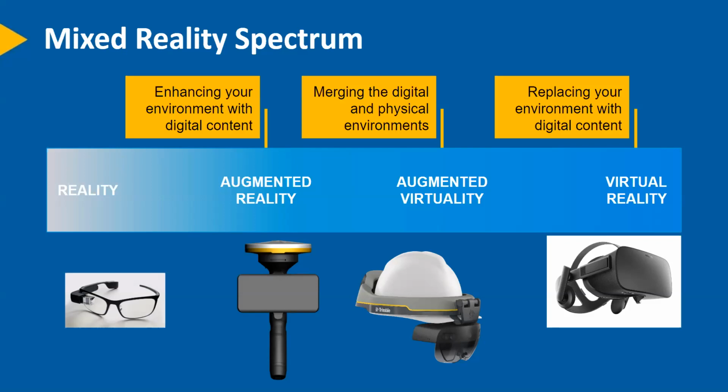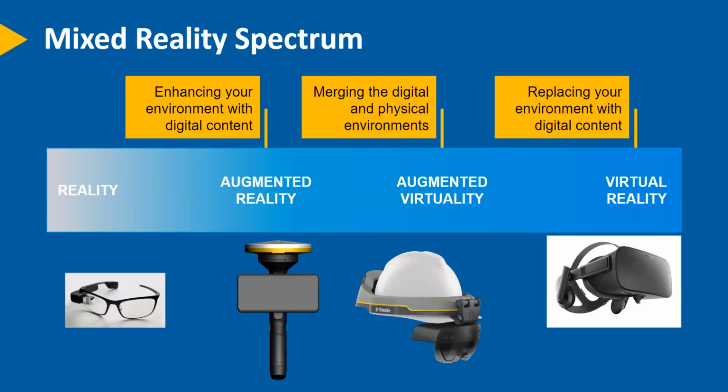And then fully on the right side of the spectrum is virtual reality, where your physical reality is completely replaced with digital content. So what we'll be focusing on today is specifically augmented reality, where we're taking a view of the real world and overlaying digital content that enhances our experience in that realm.